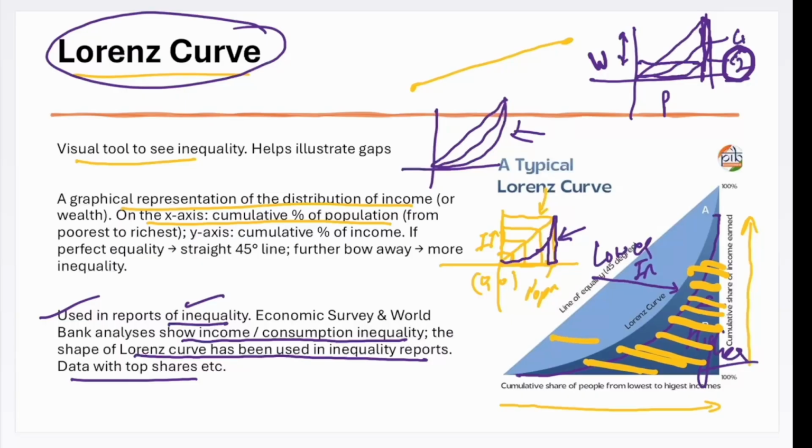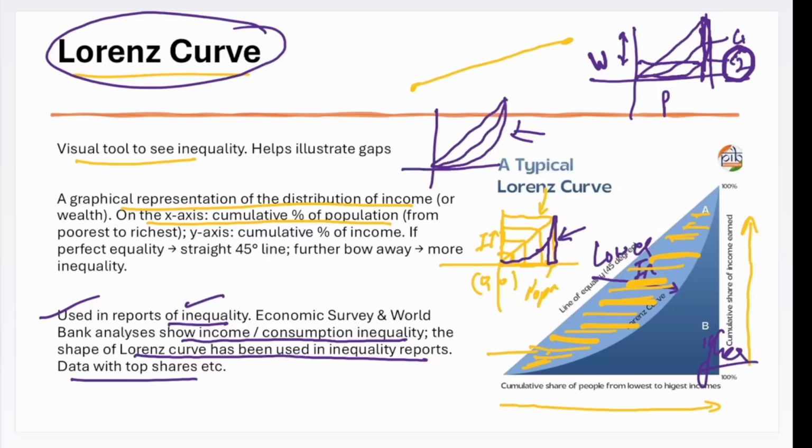Actually, it is this area. So I'll correct this. We are talking about the area between the line and the curve. So this is the area. As we go more smoothly, this area shrinks. The shrinking of this area is what gives you the right value. So this area is what makes the Gini coefficient.